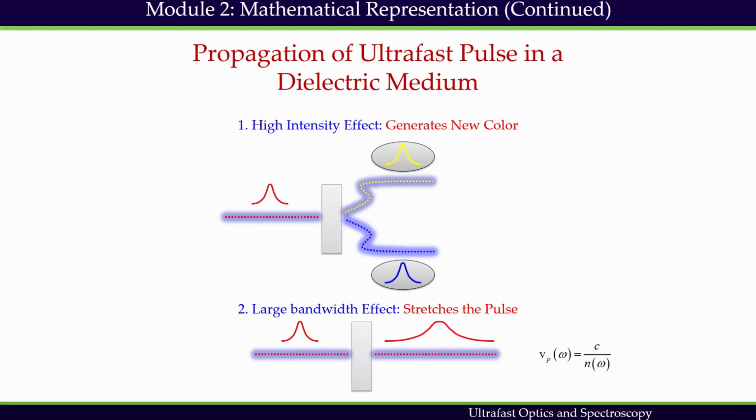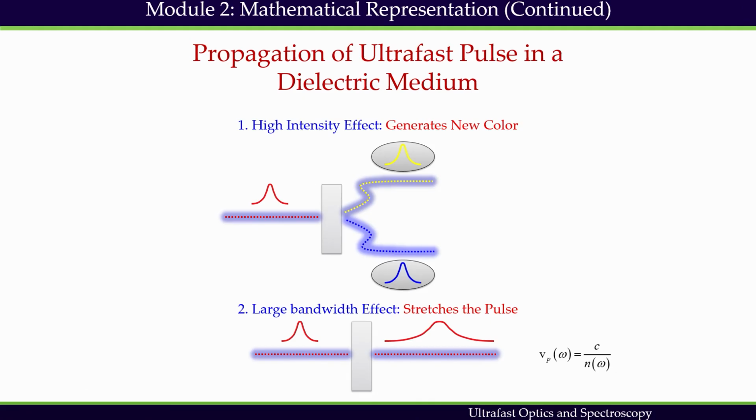And when we have discussed all these characteristics of the pulse, we have always considered an isolated pulse. Now an isolated pulse in any experiment will propagate through the medium. We use lens, we use crystal, we use wave plate. All of these materials are of dielectric nature.